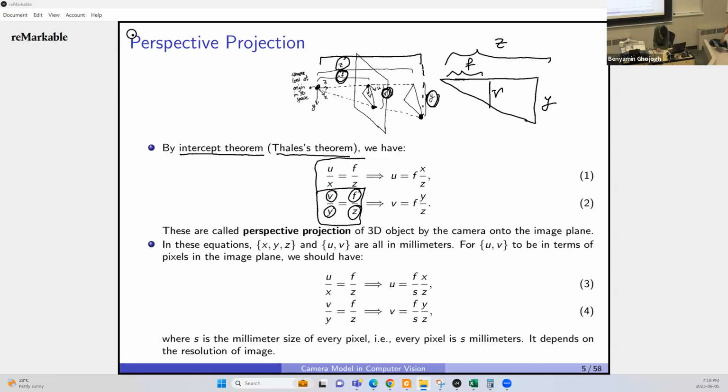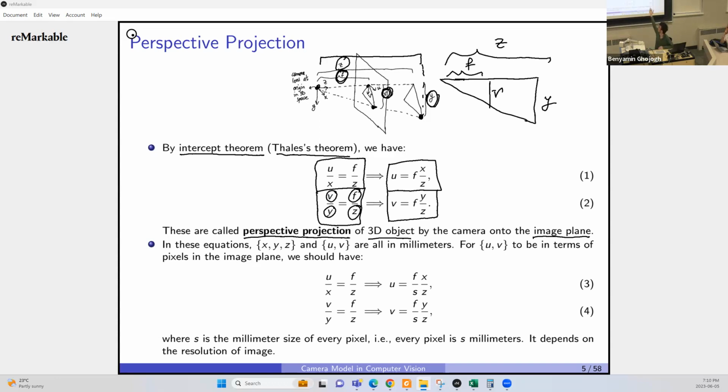Similarly, we can write it for U over X equals F over Z. Now rearrange the terms. So U will be F times X over Z. V will be F times Y over Z. These are called the perspective projection of a 3D object by the camera onto the image plane.